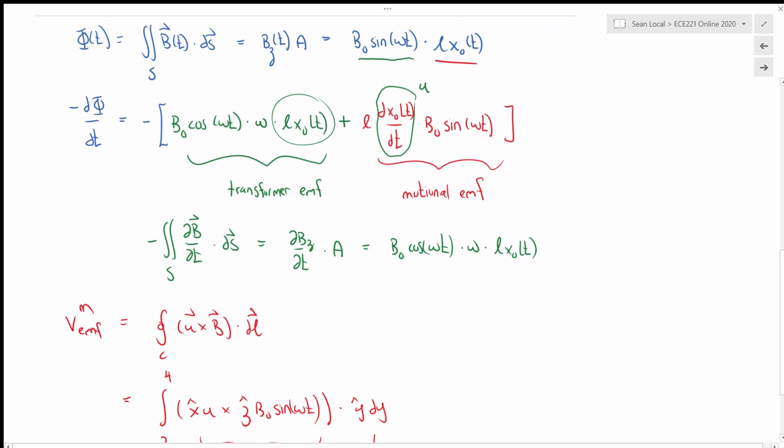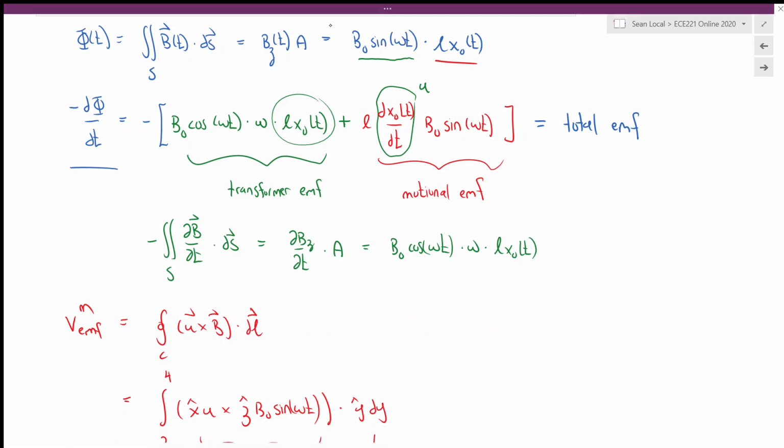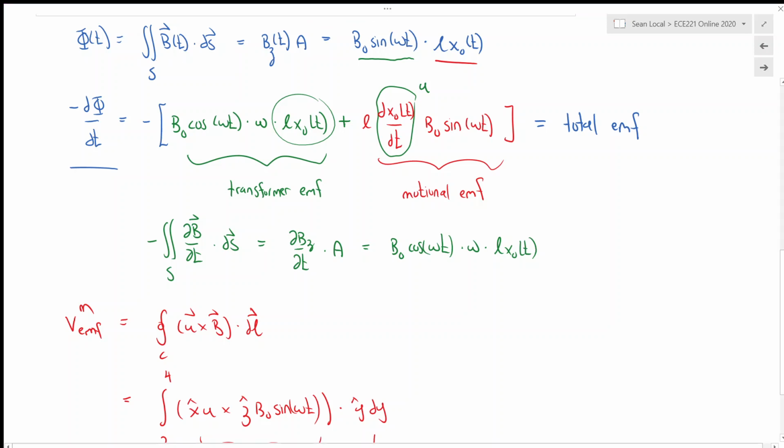Starting from the definition of Faraday's law, this will always lead to the so-called total EMF, but we could have separately applied the definitions of the transformer EMF and the motional EMF to find that. So this concludes our discussion of total EMF. Next, we'll be moving on to an important concept known as displacement current.